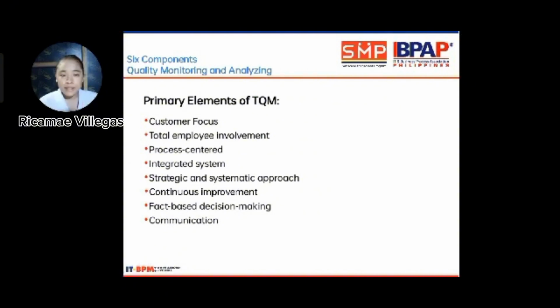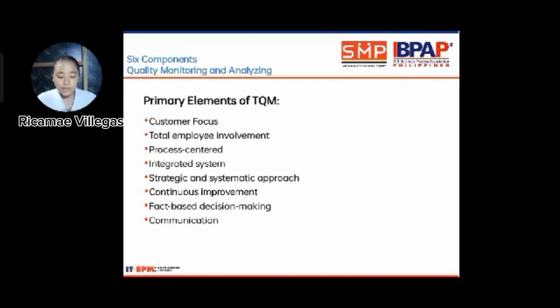And process-centered. A fundamental part of TQM is a focus on process thinking. A process is a series of steps that takes inputs from suppliers, internal or external, and transforms them into outputs that are delivered to customers, internal or external.